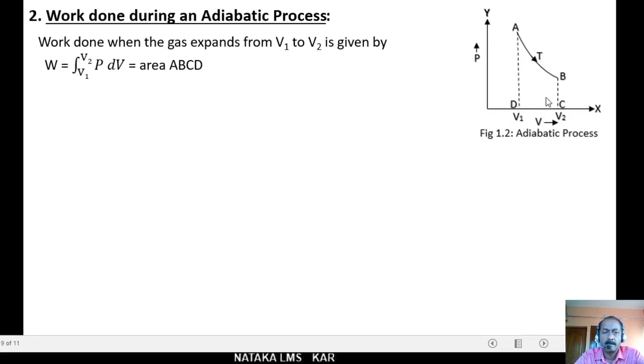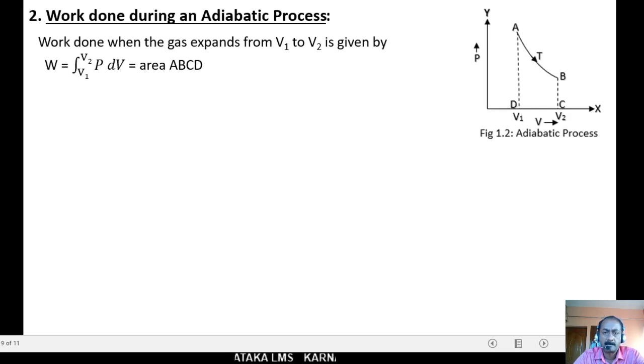Here for an adiabatic process, if you take 1 gram molecule of a gas inside the cylinder, which is fitted with a frictionless piston, the side walls of the cylinder should be perfectly insulating, because neither heat enters nor leaves the system in an adiabatic process.